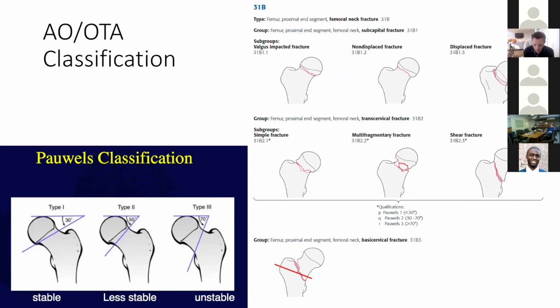Since they did add them to the classification of neck fractures, there are two fracture types that they missed. What makes a basicervical fracture is the fact that you have both the greater trochanter and the lesser trochanter intact.